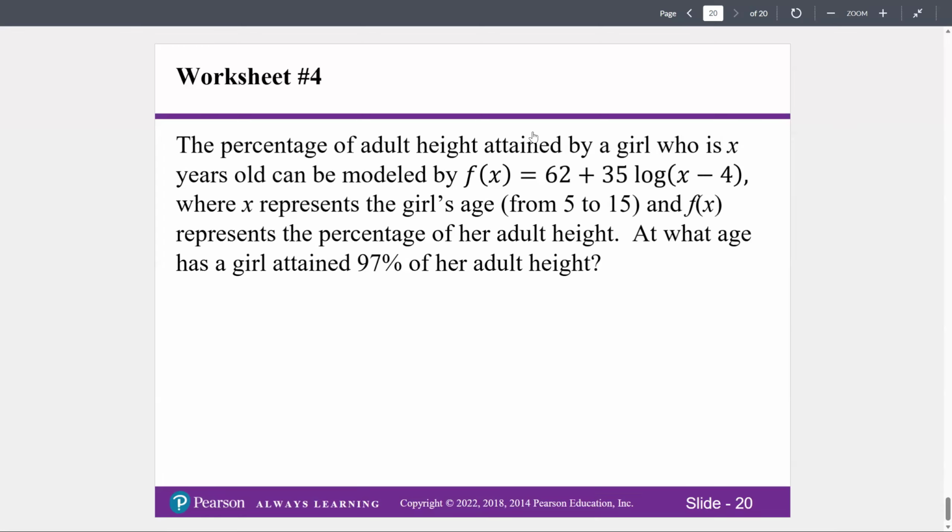So for this one, you want to make sure that you put in a decimal of 97, so 0.97. Oh, actually, no, let me look back at the numbers. I think you can just use the 97 straight up.